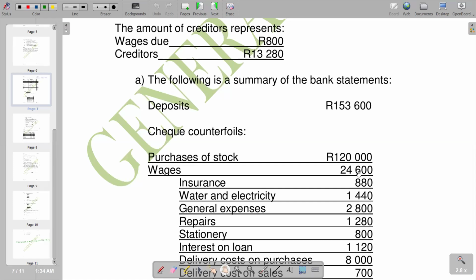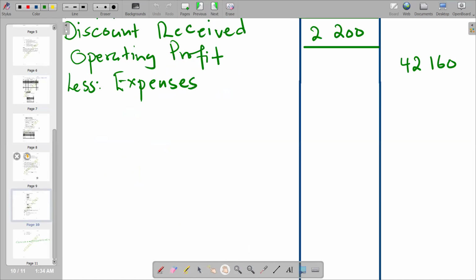So from there, we can now try to see if we have any adjustment that is affecting our wages. So we can go to our other section and say wages. And we already know that the amount that was paid in the bank, under the bank statement, for wages is 24,600.